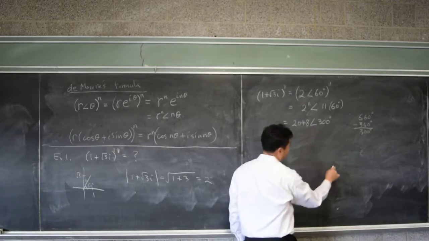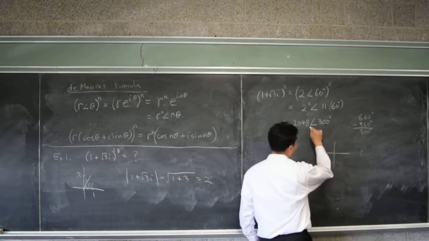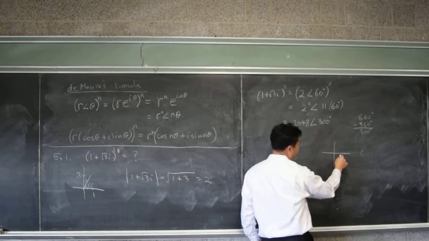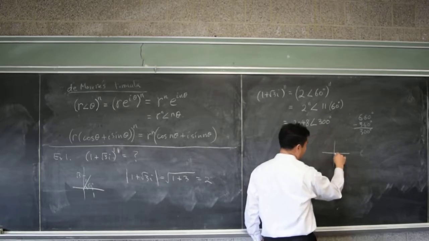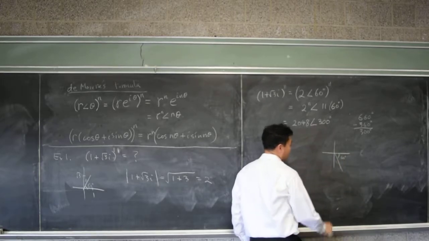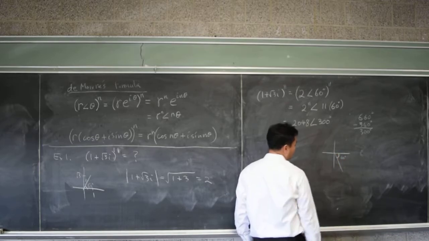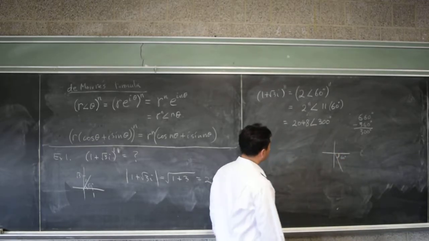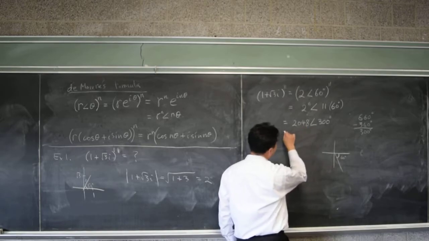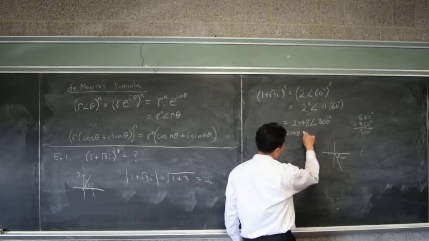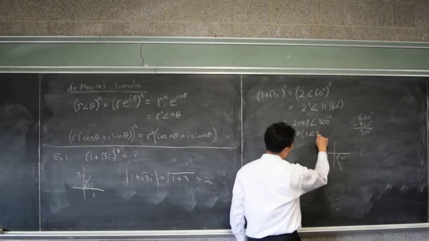And if you try to think about what this means, it's 60 degrees going this way, right? Now, this can be thought of as 2048 times 1 angle 300.